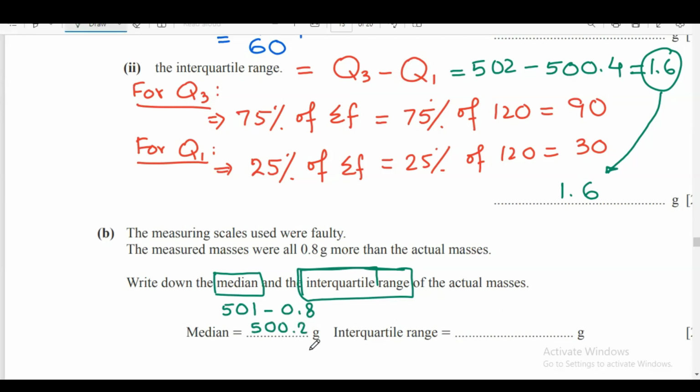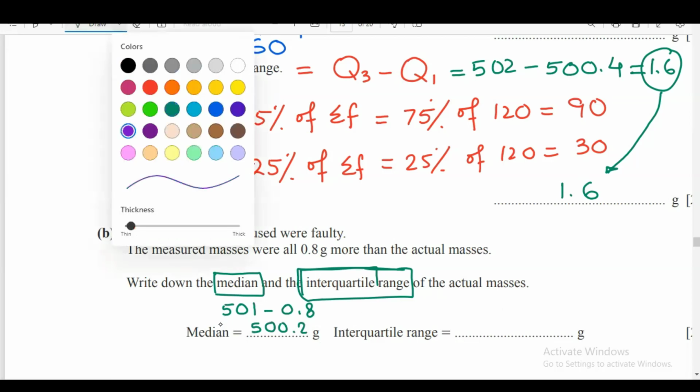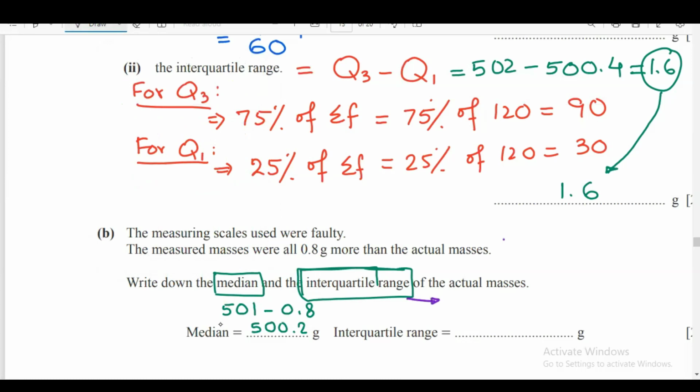For the interquartile range, the formula is Q3 minus Q1. Since we measured 0.8 gram more, the actual values were 0.8 less for both Q3 and Q1.